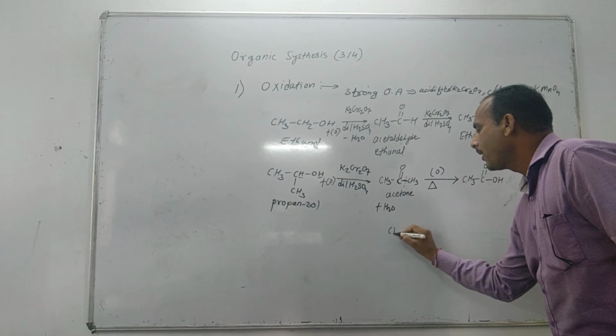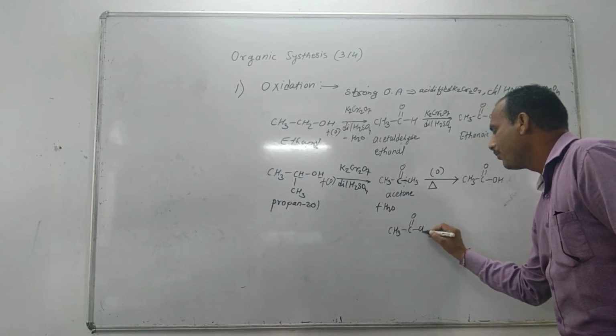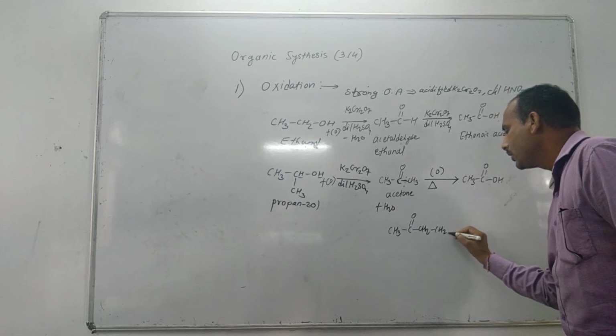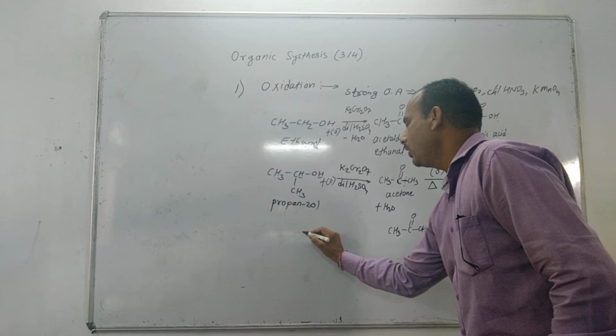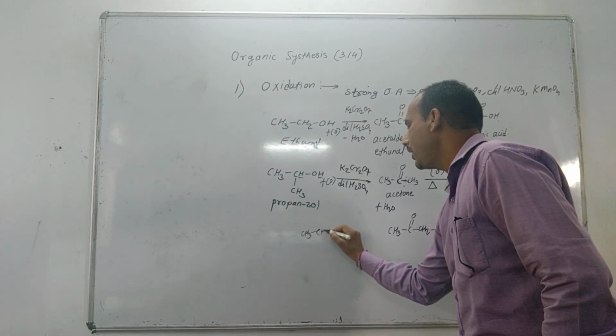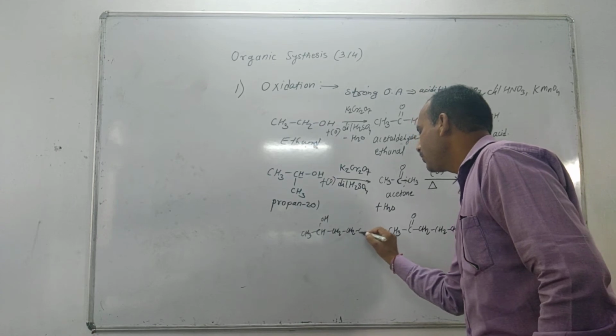For example, consider the ketone CH3C=OCH2CH3 formed from pentane-2-ol, CH3CHOHCH2CH3.